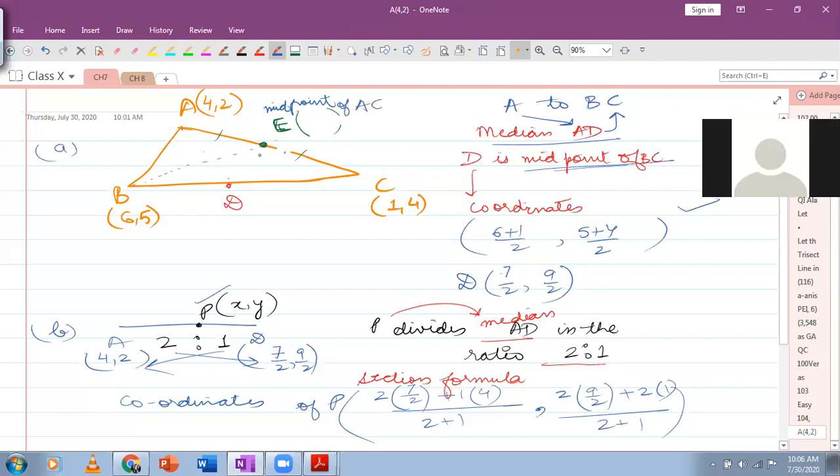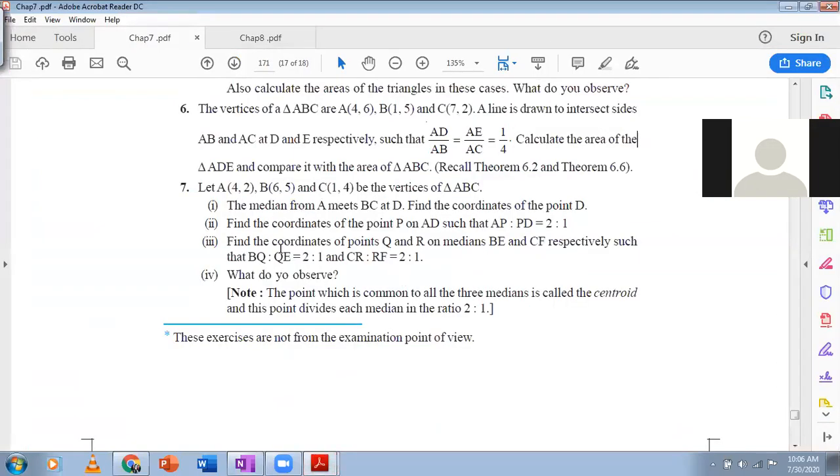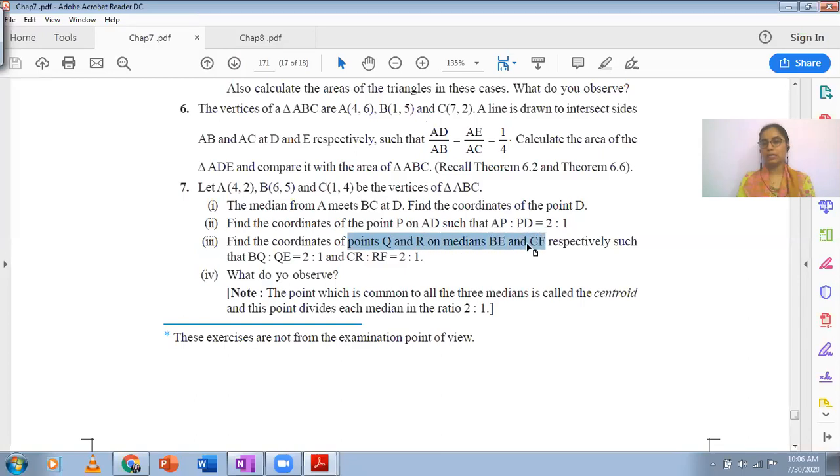Right? And further, they are saying that on this median, let's just take a look here. Point Q and R on medians BE and CF. Now instead of reading such a big statement, just read this small point. Find the coordinates of point Q on BE such that the ratio is this.